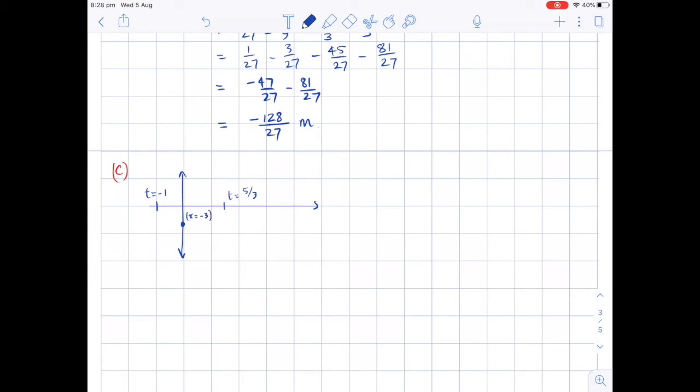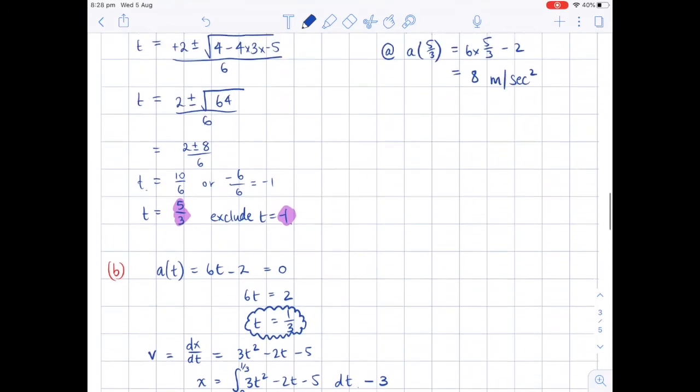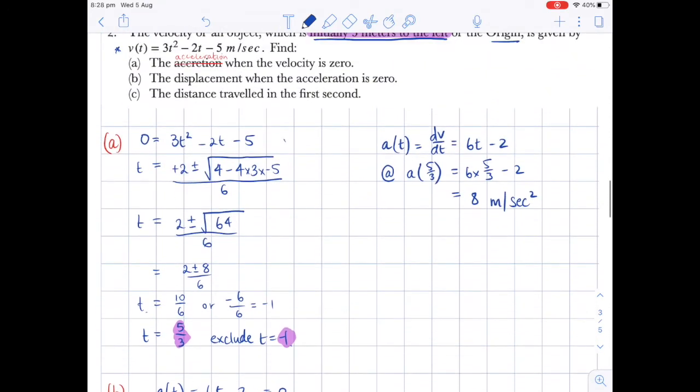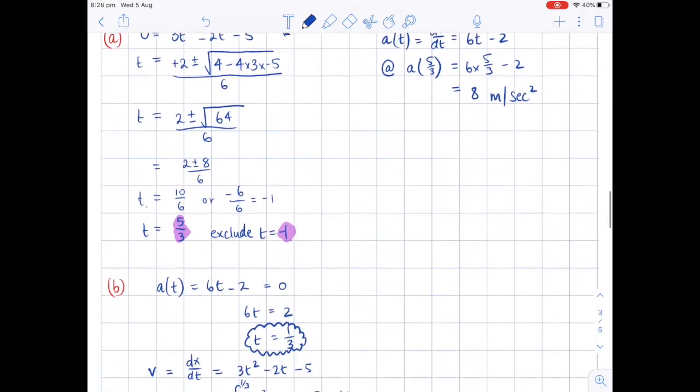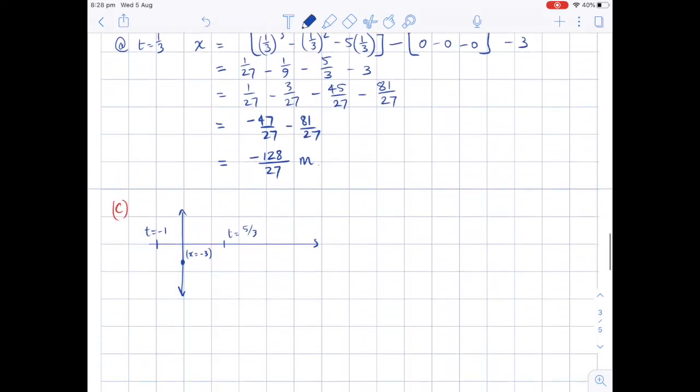So my cubic graph would have to be a positive cubic graph, because when I anti-differentiate 3t squared minus 2t minus 5, I get a positive cubic. So that means it's going to look something like this.